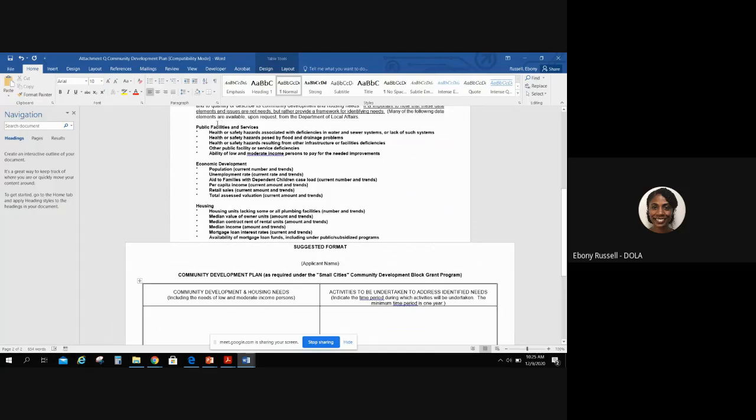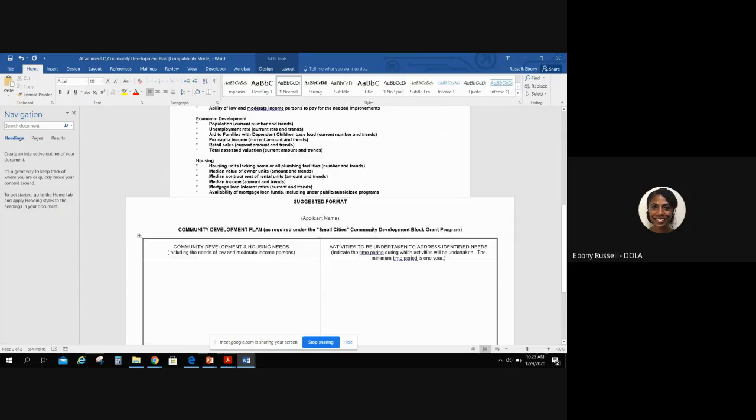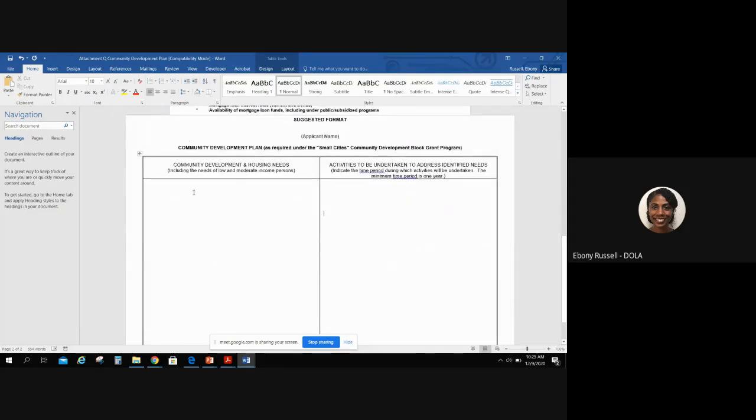And if you look here, you can see that some of those needs are public facilities, economic development, the unemployment rate, whatever you choose here, you would put on this side and say, this is what we are addressing, and this is how our development will address those needs. And it will do that for at least 1 year.